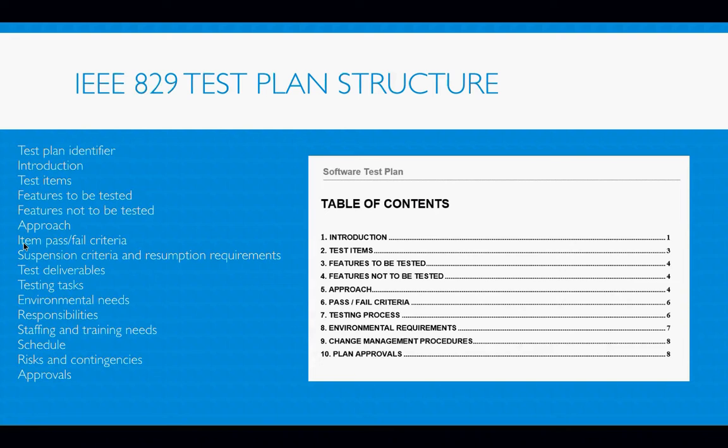So also test deliverables, what are the things that would be delivered, and what are the tasks that are needed in this particular project. So the environment that you need, if it's a manual testing environment or automation testing environment, different responsibilities, who are going to be responsible, testers, scrum masters, or automation tester, and also if there's any training that needs to be done.